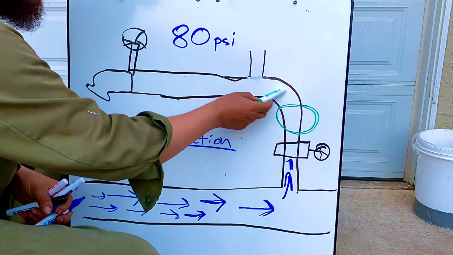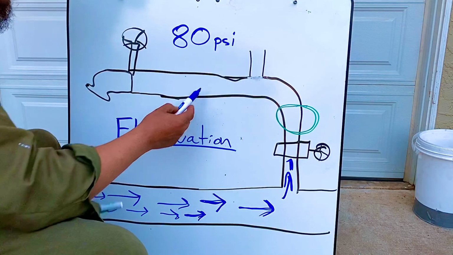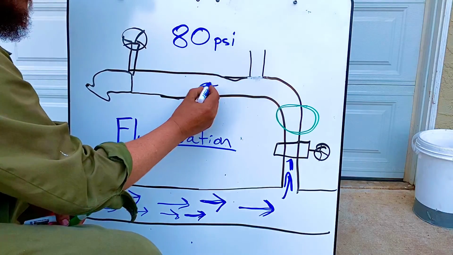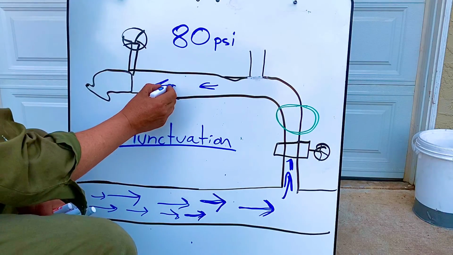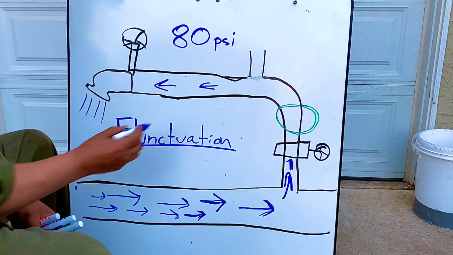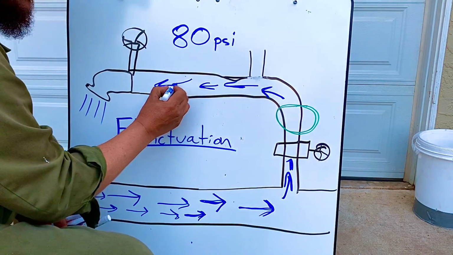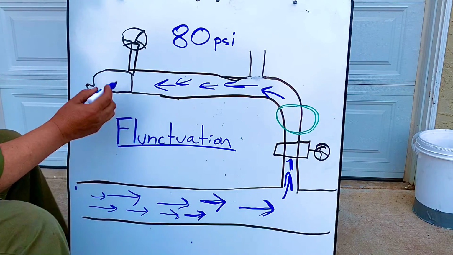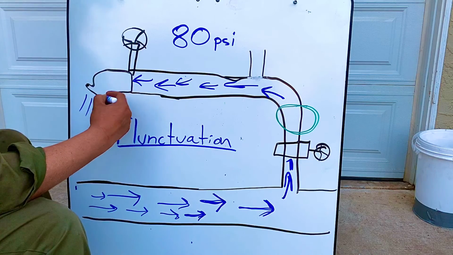It goes through into your house, and then it becomes static. It's not moving. Once you open the valve, water comes out and starts flowing again into your plumbing system to the place where the pressure has decreased, and it starts pushing water through.